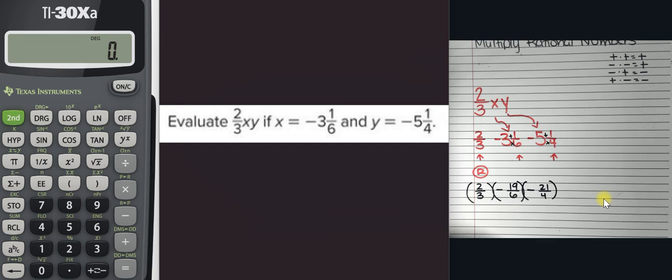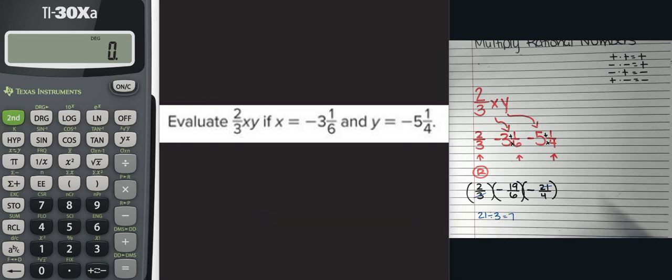So now we want to go on and solve. In order for us to solve, I think it's best for us to simplify by dividing by common factors. So let's look in the numerators and denominators and see if we can reduce anything. So I see 21 and 3. With that, I can divide both of them by 3.